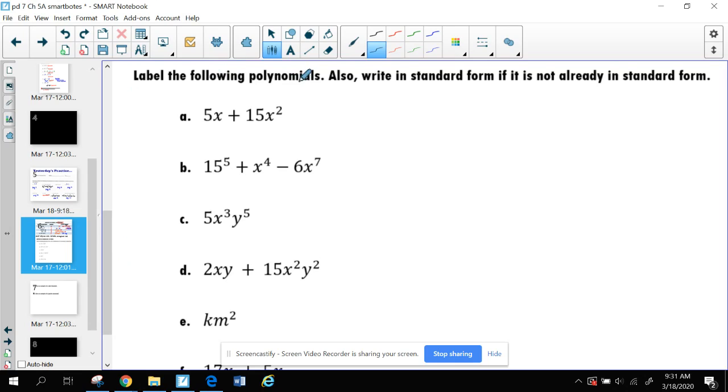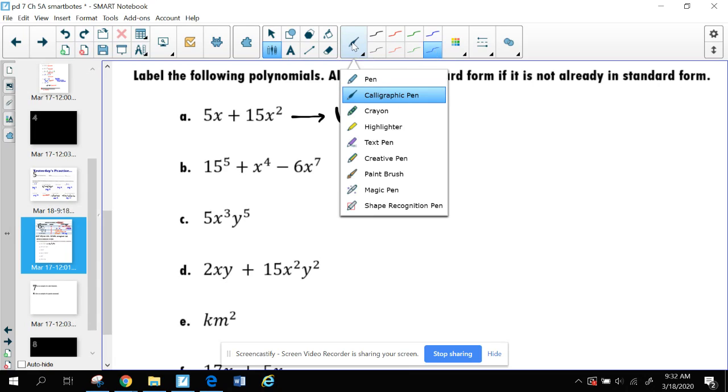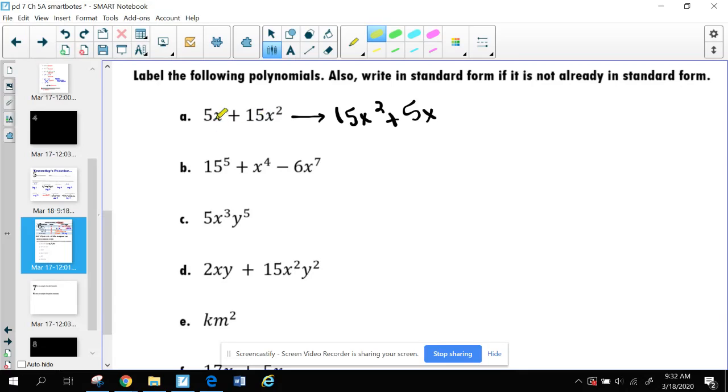So when it says label the following polynomial and make sure it's in standard form, we're always going to take care of standard form first. So here if we look at example A, 5x plus 15x squared, that is not in standard form. So we're going to rewrite that. That should be 15x squared plus 5x. Then we're going to label it. Now as we label this, we have to pay attention to what I was just talking about. There are only x's used in the entire thing.